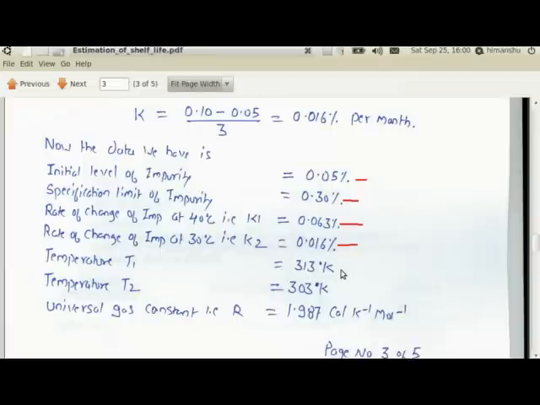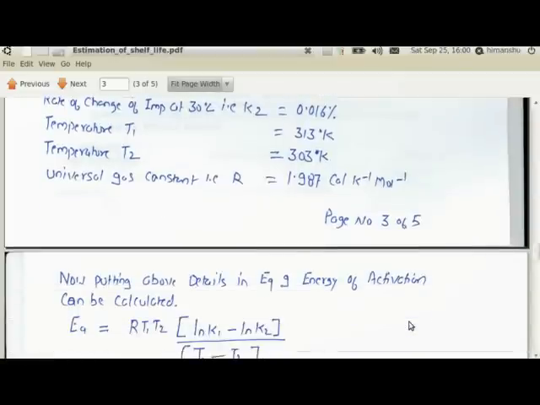Temperature: here you have to add 273 always, because we usually measure temperature in degrees centigrade, but in this equation you have to use temperature in degrees Kelvin. So for 40 degrees centigrade it will be 313 Kelvin, and for 30 degrees centigrade it will be 303 Kelvin. Universal gas constant, that is R, will always be constant at 1.987.